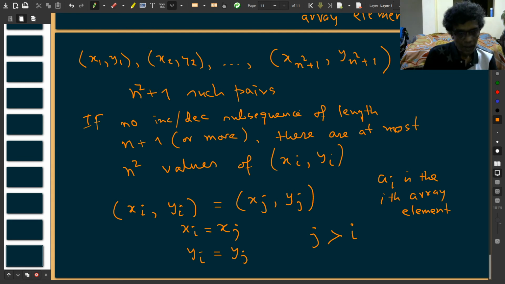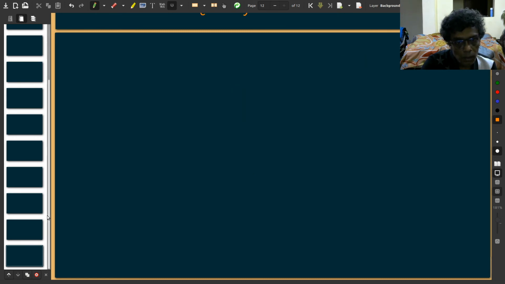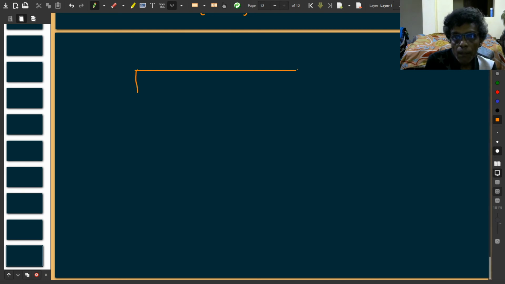Okay. Now I told you that the numbers are distinct. So I have something like this. Let me have that array. This is my array. This is position i, which stores ai.